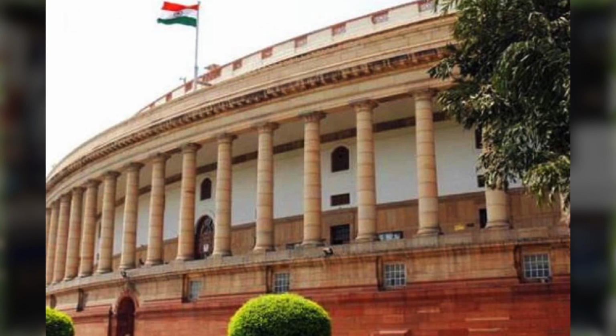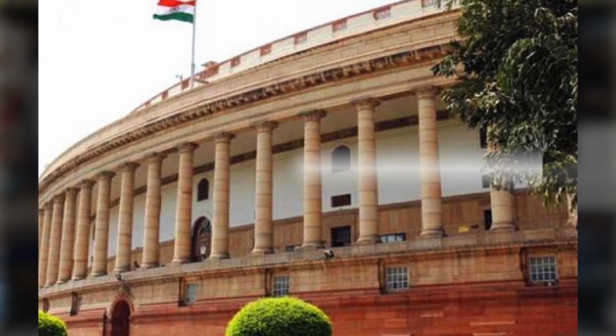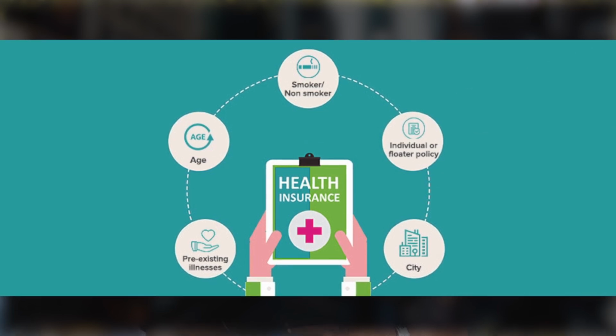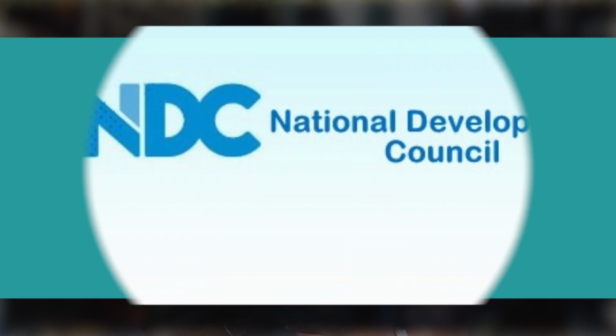It was in 1983 that the government adopted the National Health Policy, which emphasized the need for securing the small family norm through voluntary efforts and moving towards the goal of population stabilization. The present Parliament underscored the need for a separate national population policy while adopting the health policy.